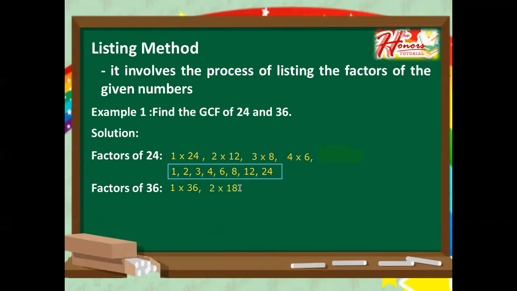Next, another. Is it possible to have 3? Yes, it is possible. So just have 3 times 12. It's 36. And then another. How about 4? 4 is possible if we have 4 times 9.